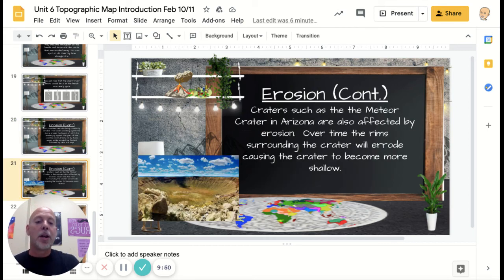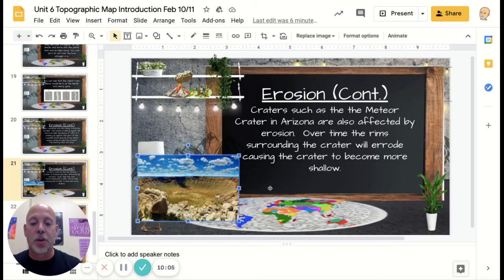Craters, such as the Meteor Crater in Arizona, are also affected by erosion. My son and I went there this summer. Over time, the rim surrounding the crater will erode, causing the crater to become more shallow. So here's a picture of the crater in Arizona, and it's really very deep.